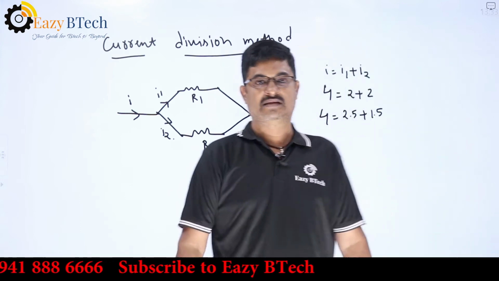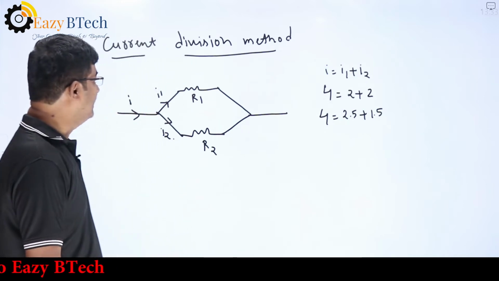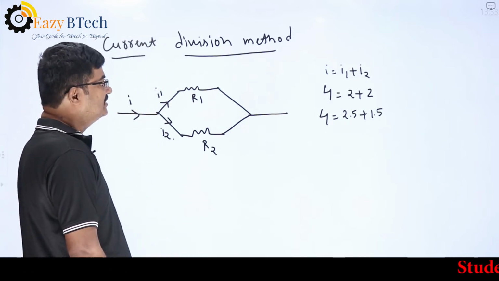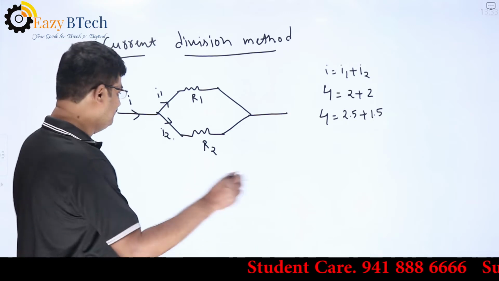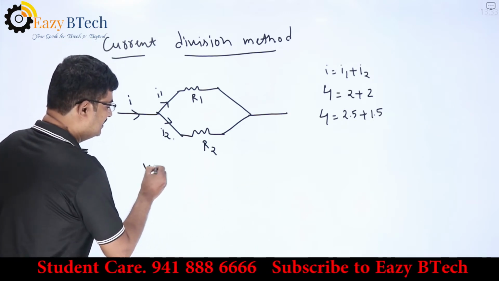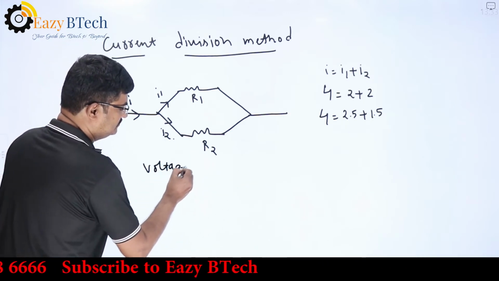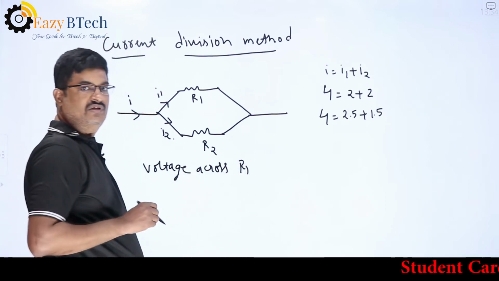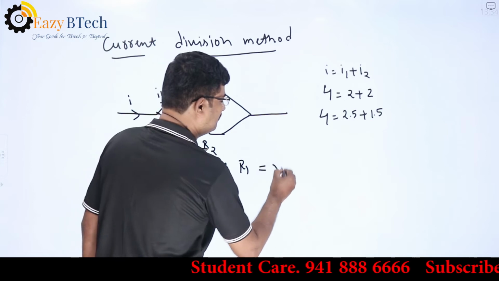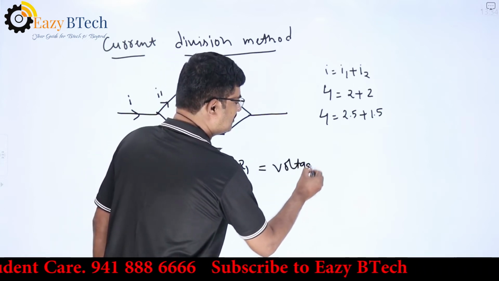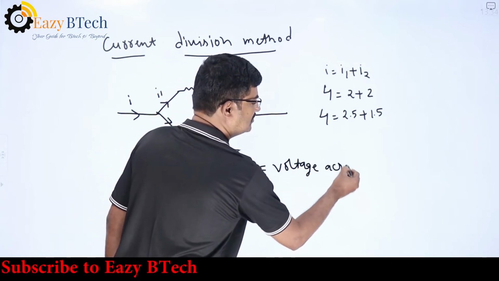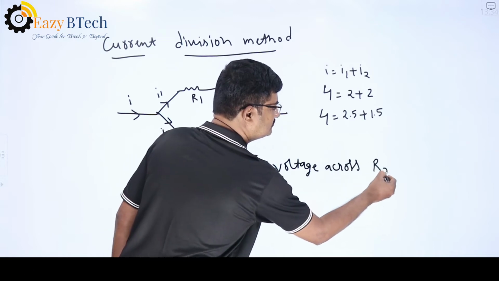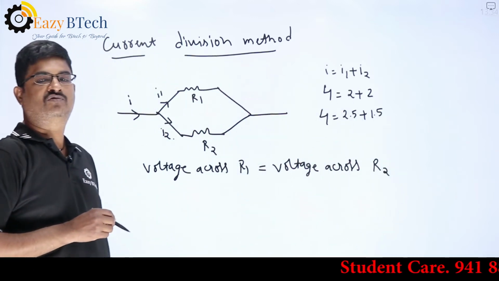the basic concept of the parallel connection is that the voltage is the same. So simply I can write the voltage across R1 is equal to the voltage across R2, as both R1 and R2 are connected in parallel.